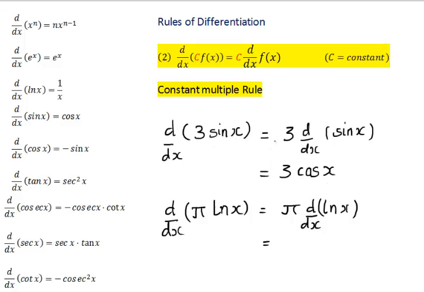So you can write pi into 1 by x. Our answer will become pi by x. So every time there is a constant multiplied with some function, during differentiation you can take the constant outside. Here 3 was a constant and was taken outside of d by dx. Here pi was a constant and taken outside of d by dx.